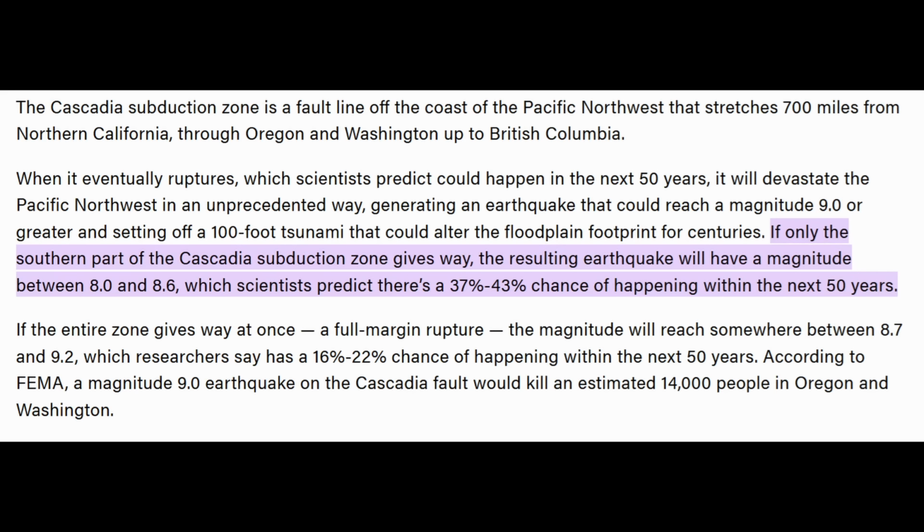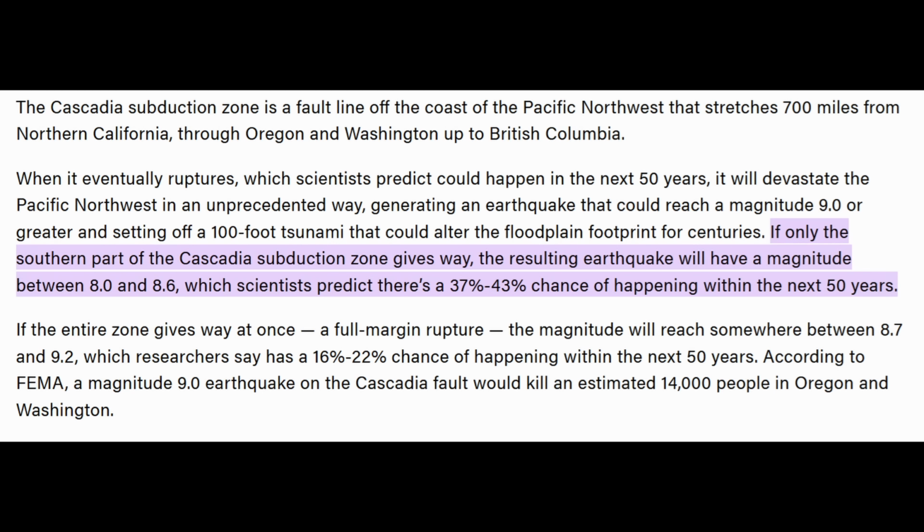And if even just a portion of that plate boundary moves and generates an earthquake, it'll be in the range of 8.0 to 8.6. So still a major quake, and the odds of that occurring in the next 50 years is around 40%. So I would hate to be in the Pacific Northwest when that thing cuts loose.